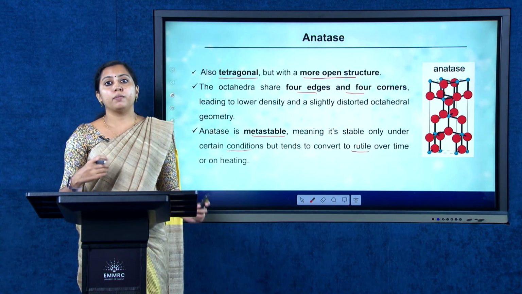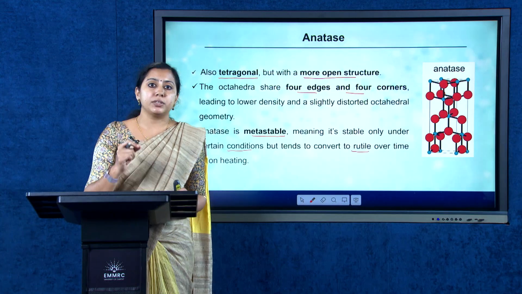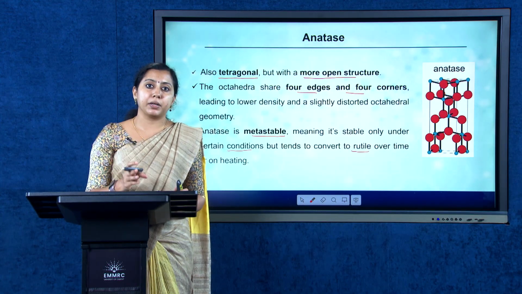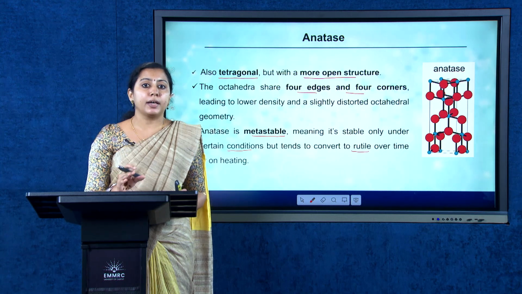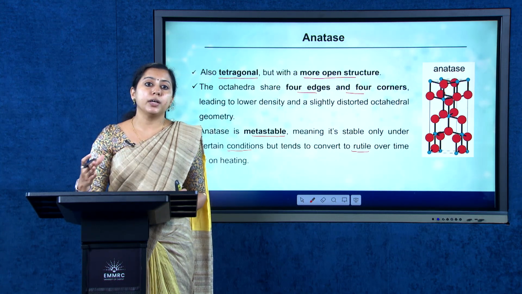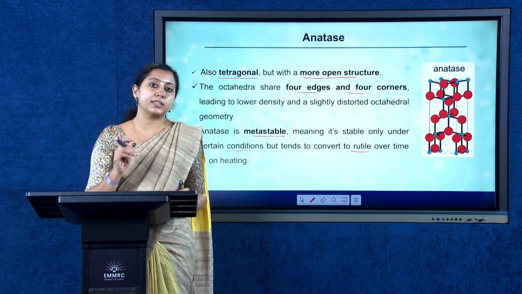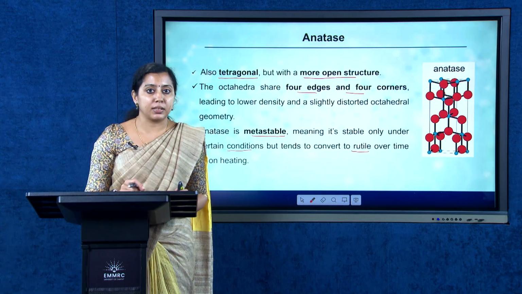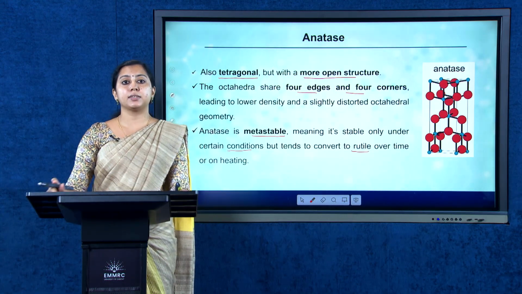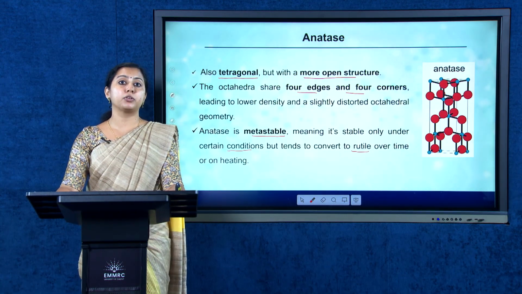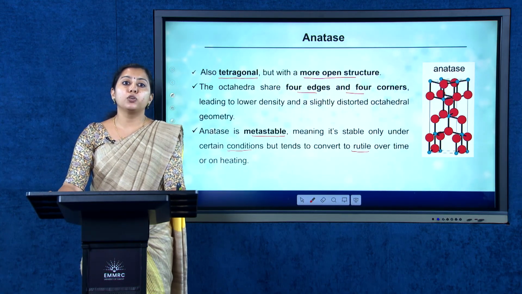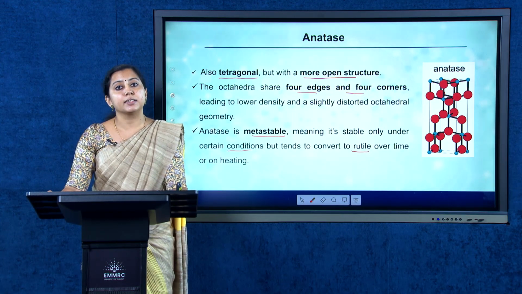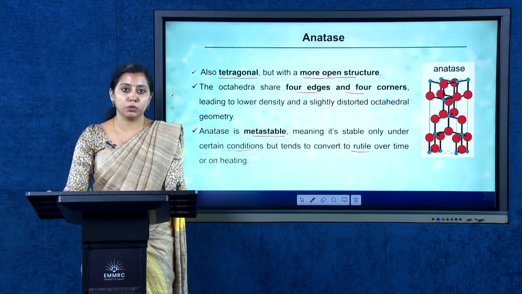So, when we apply any minute changes to conditions like temperature or pressure, the anatase phase has a great tendency to convert into the rutile phase, and that is why we say anatase is metastable. Okay. So, anatase has a tetragonal structure similar to that of rutile, but it has a more open structure leading to lower density and a slightly distorted octahedral geometry.